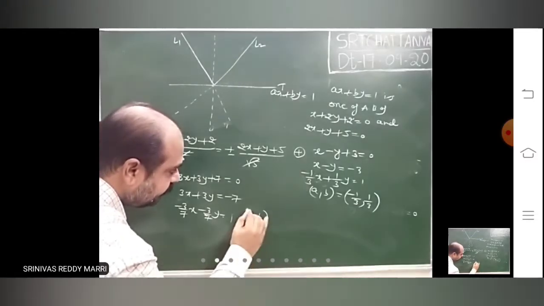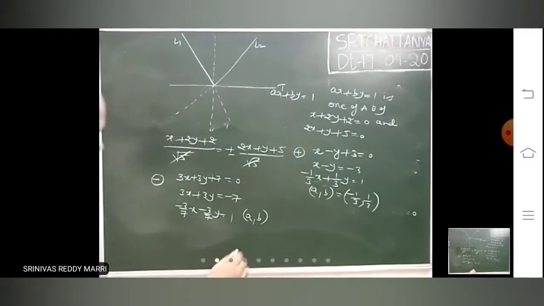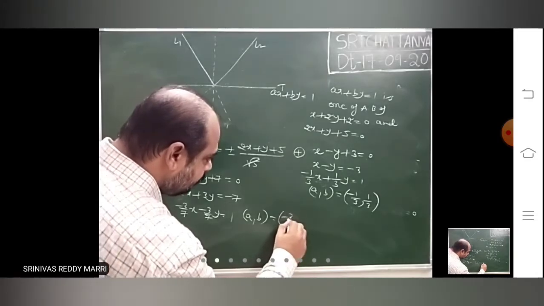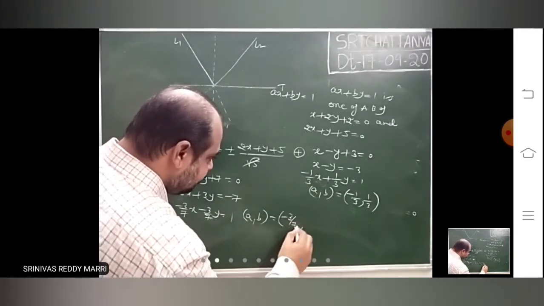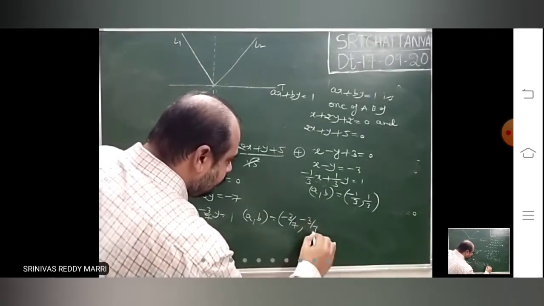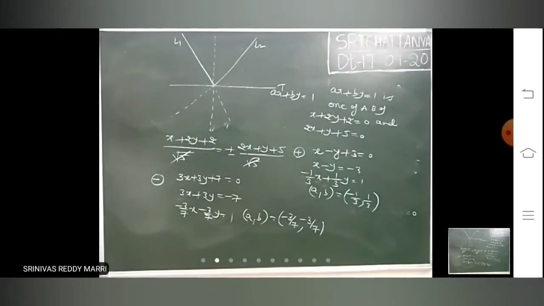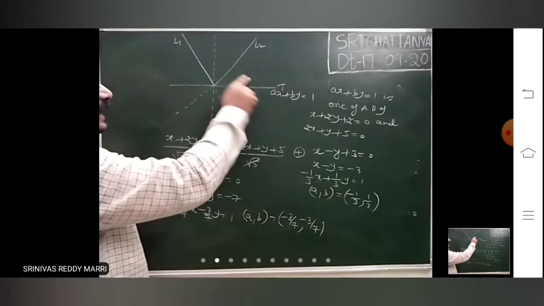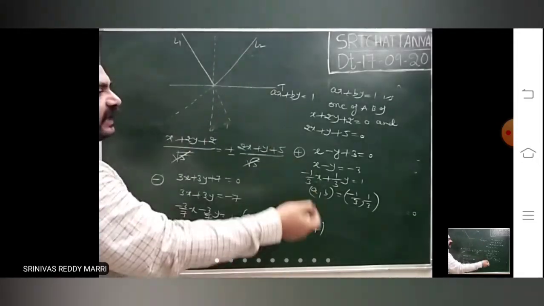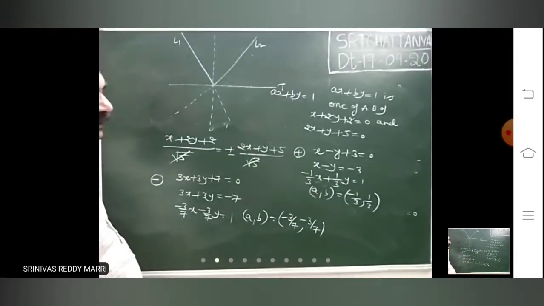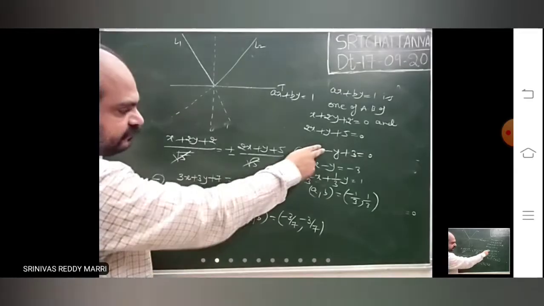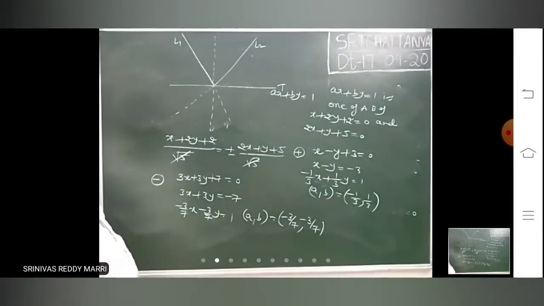Therefore, a comma b equals minus 3 by 7 comma minus 3 by 7. This is the one. This is the angular bisector of this and this. There will be two angular bisectors. Out of these two, any line it can be: ax plus by equal to 1.